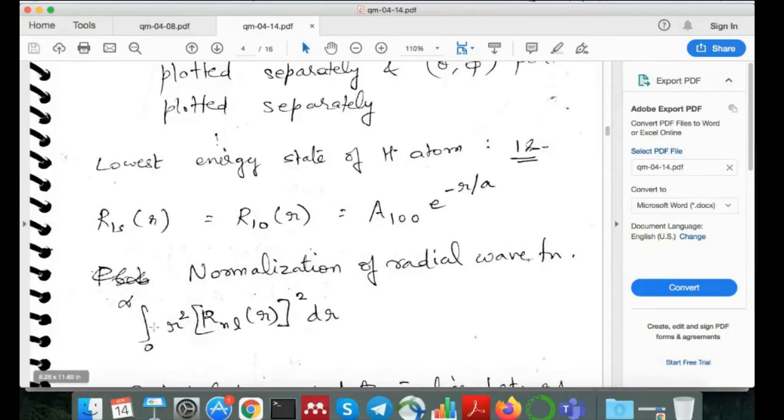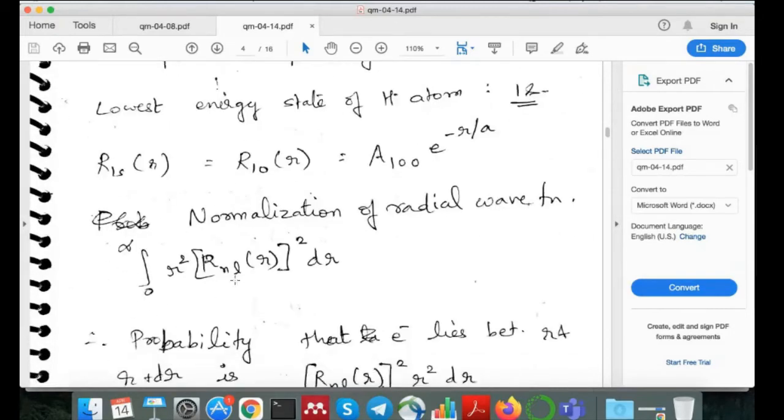The only difference is you are multiplying with r square because this integration is in spherical coordinates. If you're normalizing the angular part, then you have to multiply it with sine theta, right? All right, so now this is your normalization.